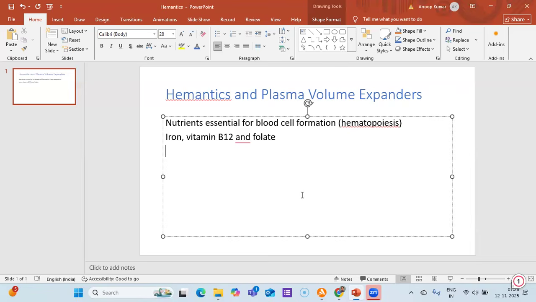So, iron is mainly absorbed in the intestines in the ferrous form, that is ferrous form we call Fe2 positive.